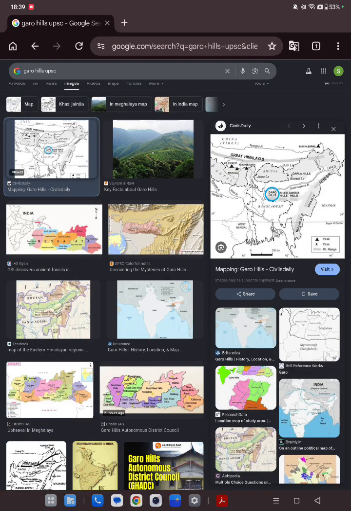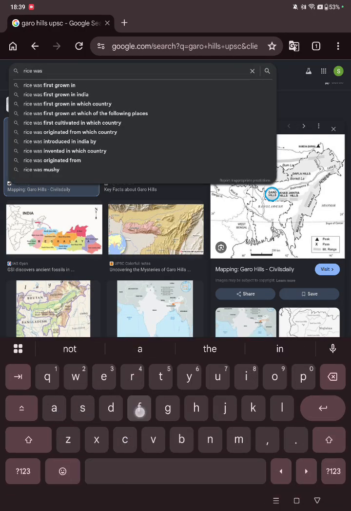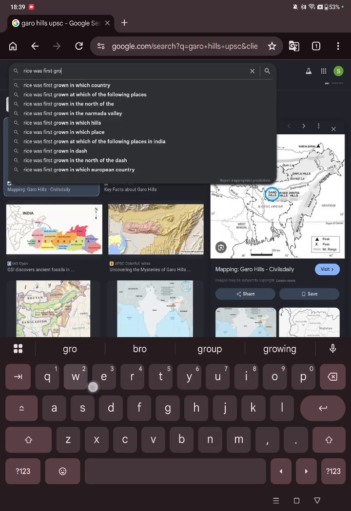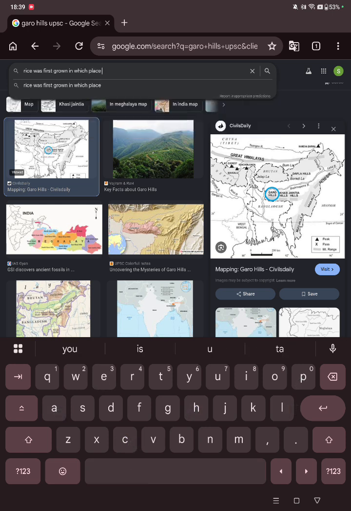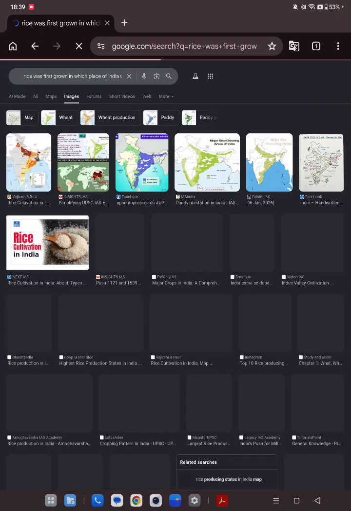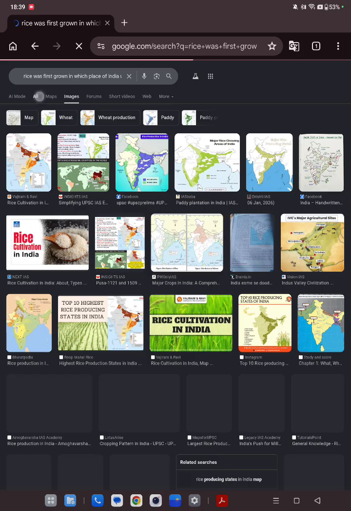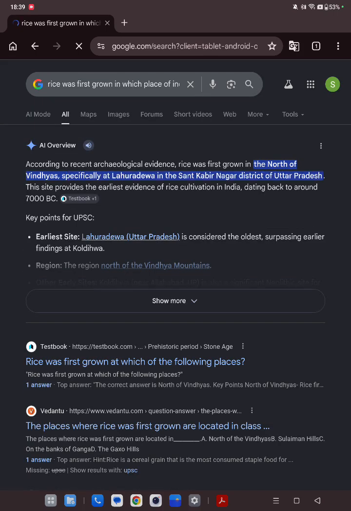So just go to Google and search: rice was first grown in which place of India? Just write UPSC at the side. Okay, let's see now. Go to All. Yes, to the north of the Vindhyas.